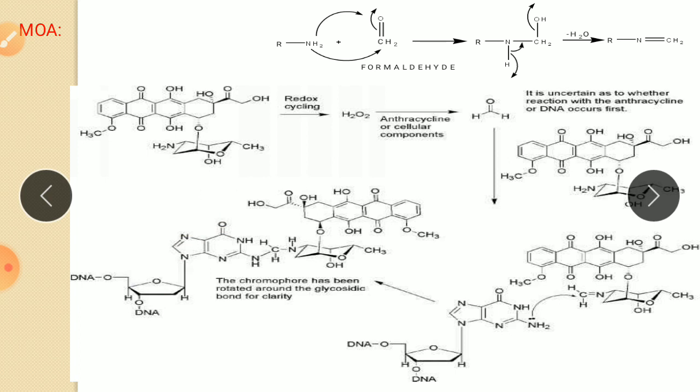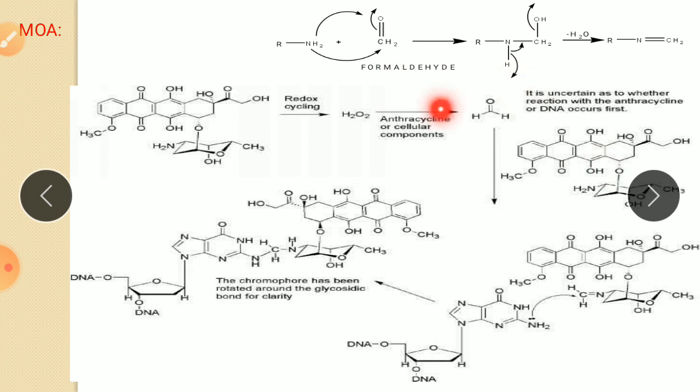So again I repeat, anthracycline undergoes a redox cycling reaction to form the free radical, which is called a reactive species, that is hydrogen peroxide. Then this hydrogen peroxide, a reactive species, interacts with cellular components to form formaldehyde. Then this formaldehyde again reacts with the anthracycline.